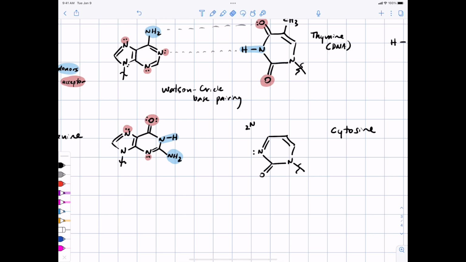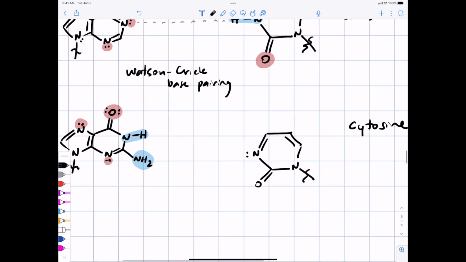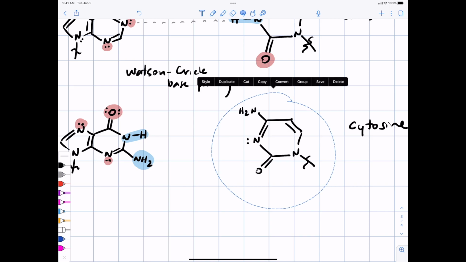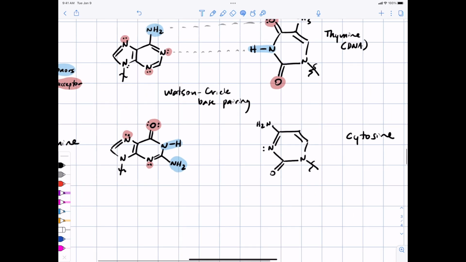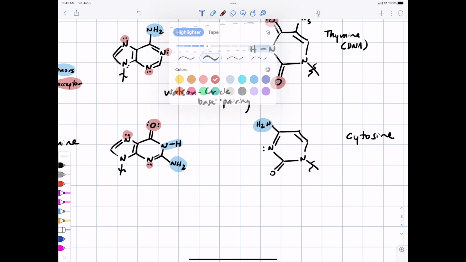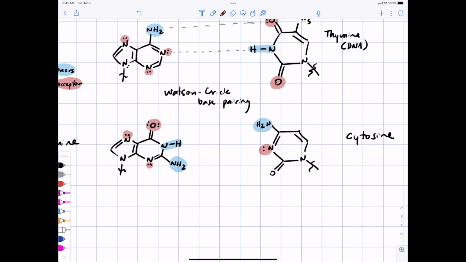Sorry about the ugliness of some of those bonds. I really am not used to drawing six-membered rings on their sides. It's funny how that can make a difference. You have, again, an exocyclic amino group that's a hydrogen bond donor. You have a ring nitrogen that's a hydrogen bond acceptor, and then a carbonyl oxygen that's a hydrogen bond acceptor. And you can see that these are complementary to each other.